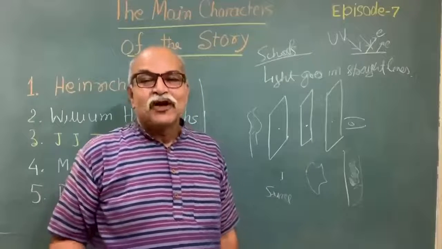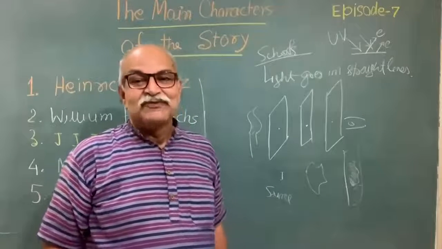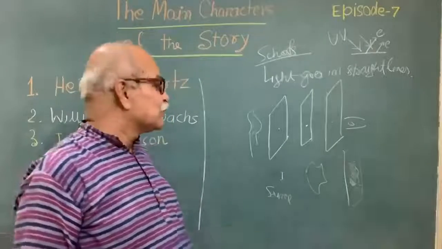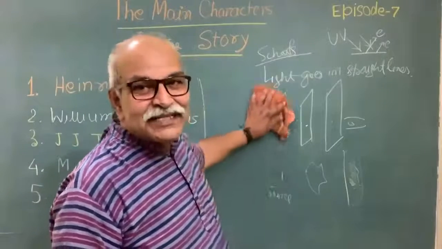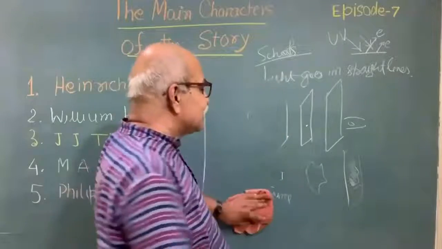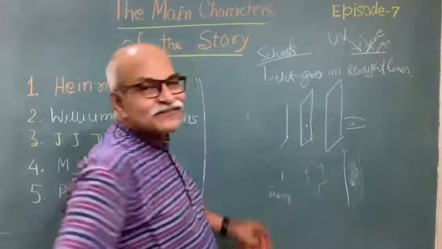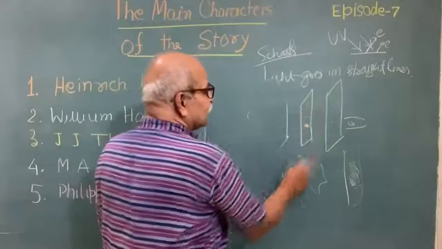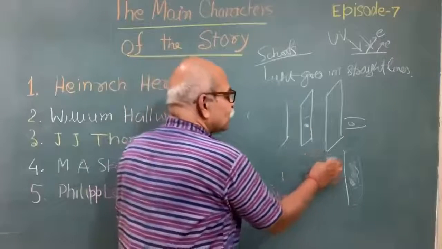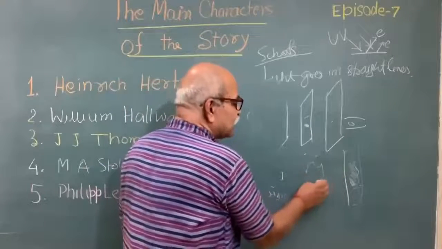But when we come to college, what we are taught is that light does not go in straight lines if there are obstacles like this or openings like this. Here it is an opening, the rest is all open, and this is a small opening. Here the rest is all open, and here you have some obstacle.